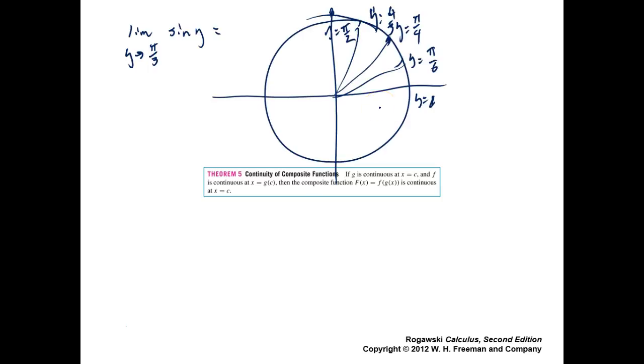Now, the sine is the vertical value. Okay, I don't want to use y because we're using y here. Let me tell you what those are now. A little bit of review. At 0 here, you have the square root of 0 over 2. I know that's a dumb way to write it, but I'm doing it.